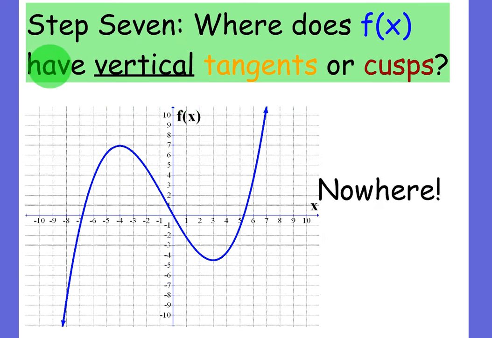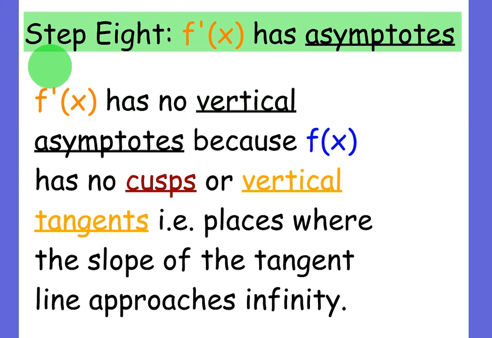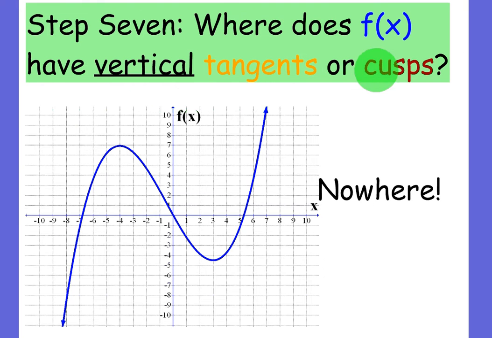Okay. Step 7, where does f of x have vertical tangents or cusps? Well, this one doesn't have any, but just be thinking about what that would mean for the derivative. It would mean that f prime of x has asymptotes. Now, why is that?